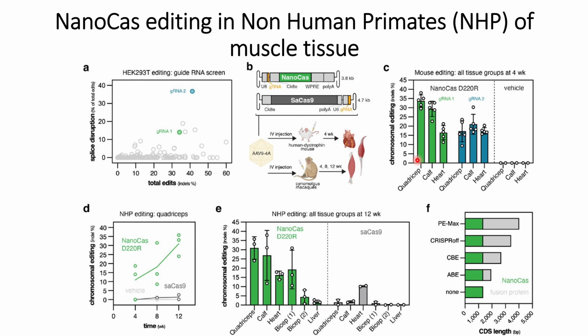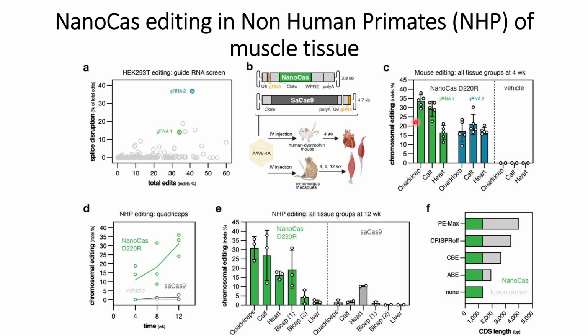They are able to see that chromosomal editing is higher for guide RNA 1 and guide RNA 2, at around 30% for the quadriceps, and for the calf the editing rate is around 25 to 30%. For the heart tissues the range is around 12%, and for the guide the range varies from 10% to 20%.